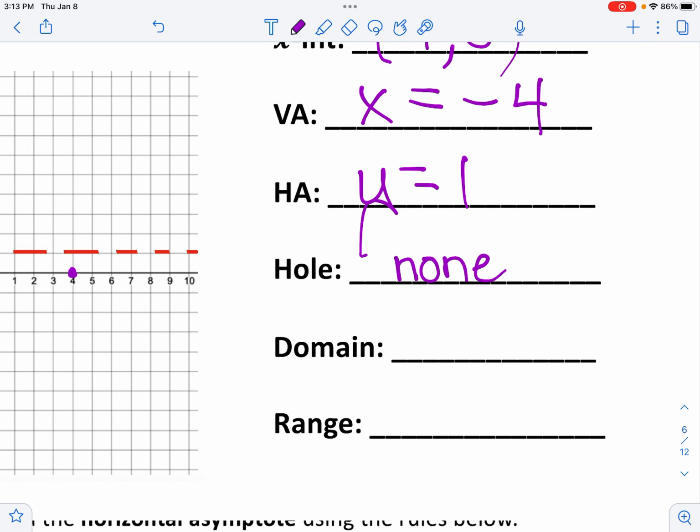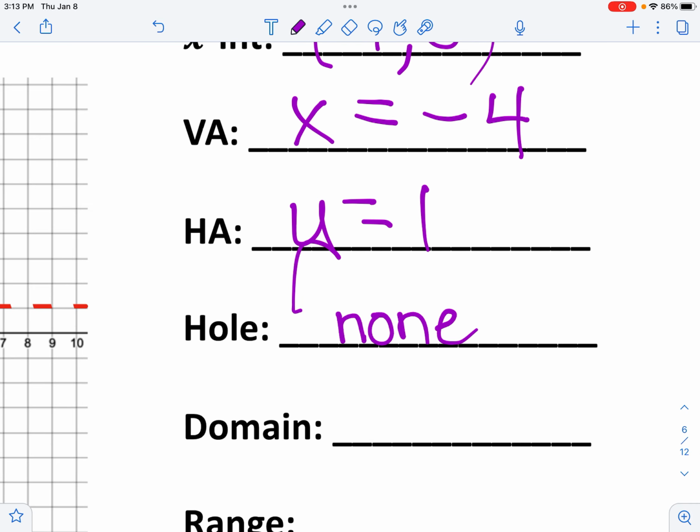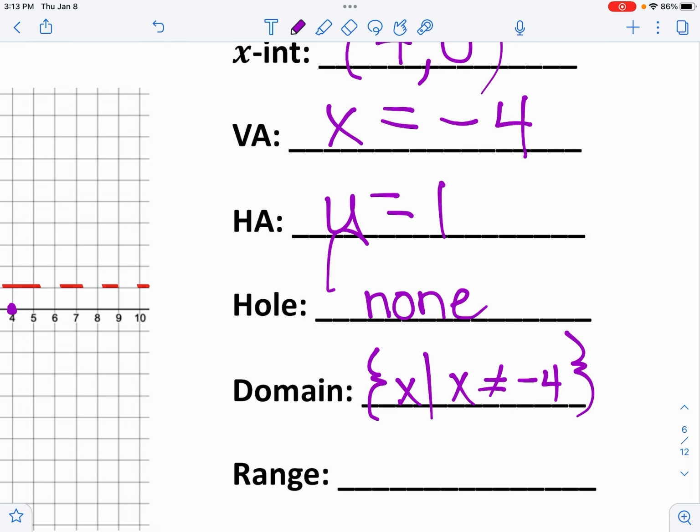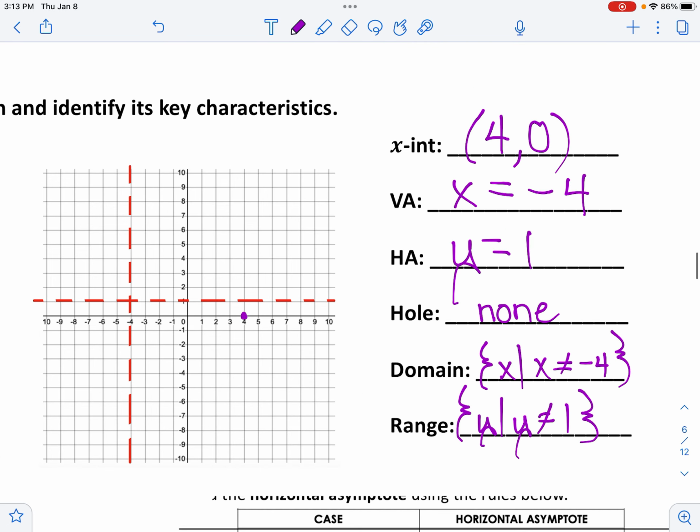My domain, well, x cannot be equal to -4 because that's where I have a vertical asymptote. So x such that x cannot equal -4. My range would be y such that y cannot equal 1. Cool. There, we've done it.